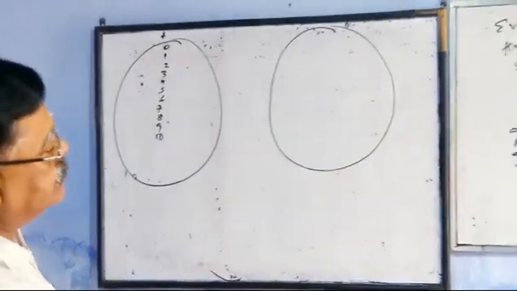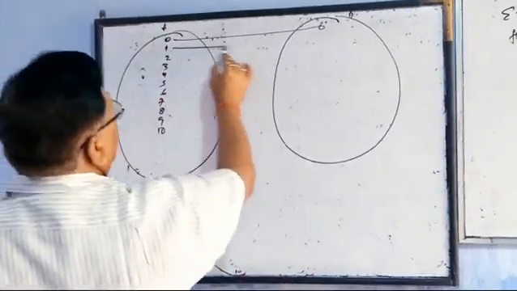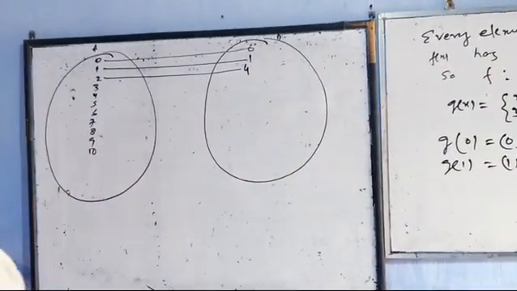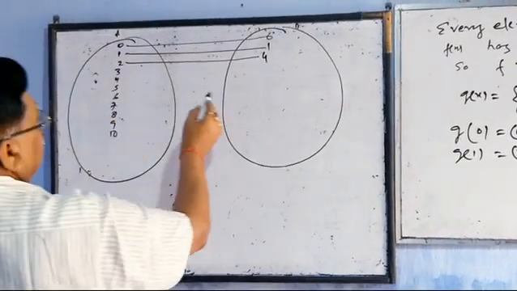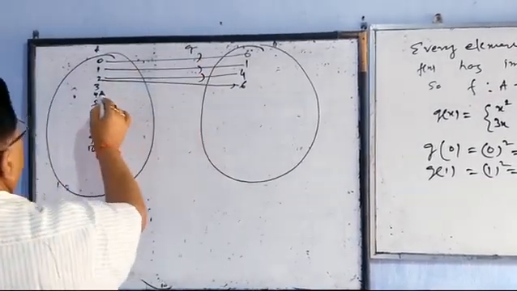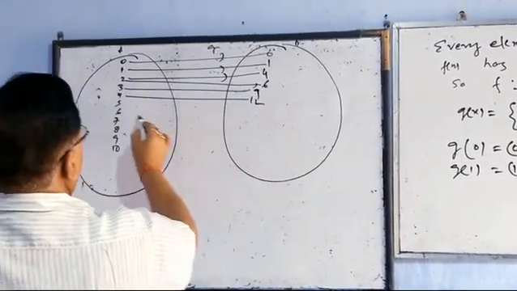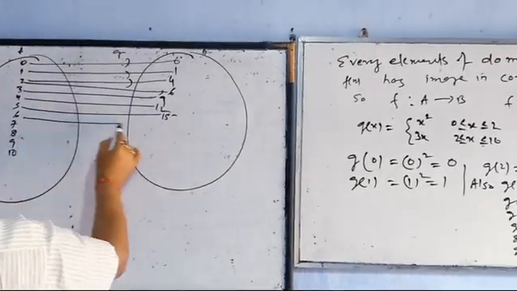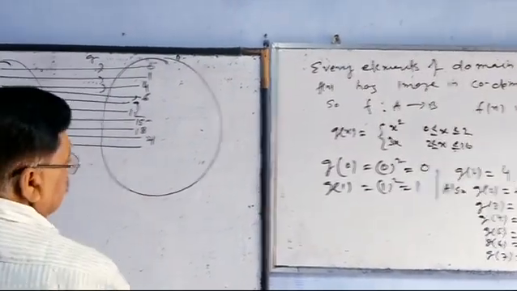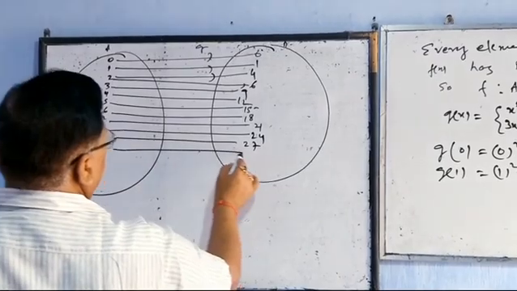And here 0 is associated with 0, and 1 with 1, and 2 is associated with 4, and here we see that 2 is also associated with 6 under function g. 3 is 9, 4 is 12, 5 is 15, 6 is 18, 7 is 21, 8 is 24, 9 is 27, 10 is 30.